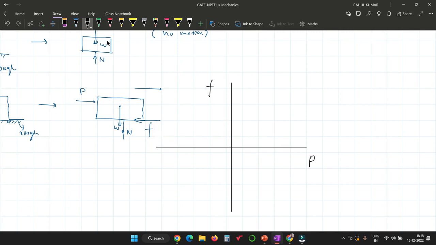If you draw the diagram of P versus F, you will get this type of diagram.